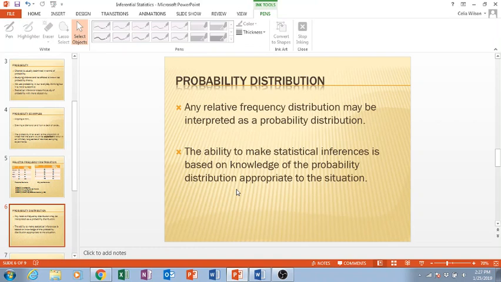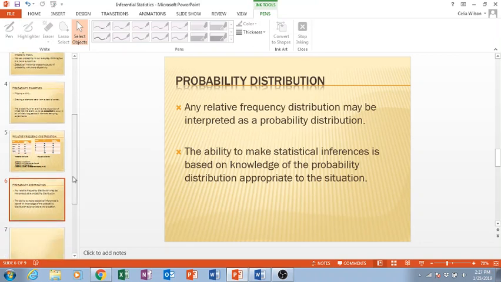We're going to figure out what's the probability that we would have obtained that mean. Okay? So just hang with me on this second point, and it'll become clear as we go along.